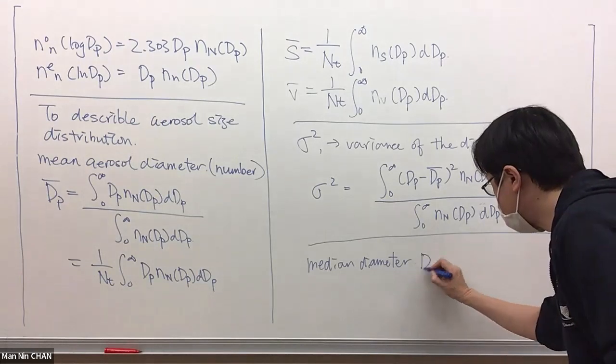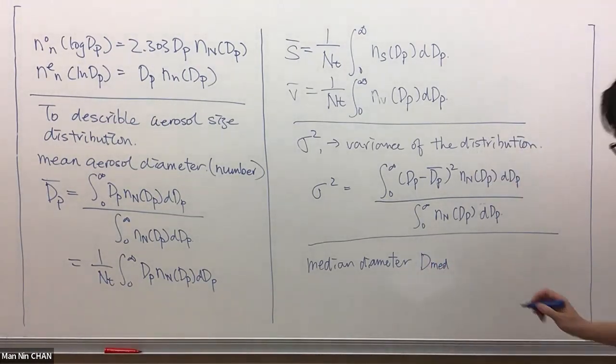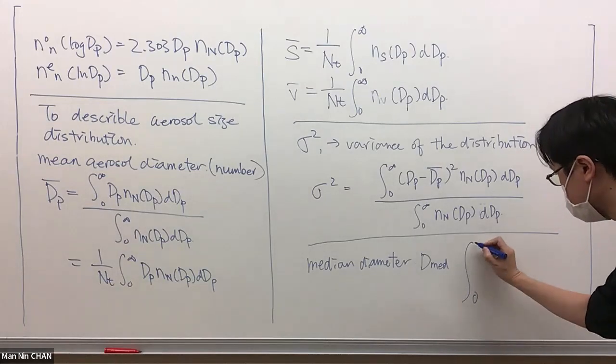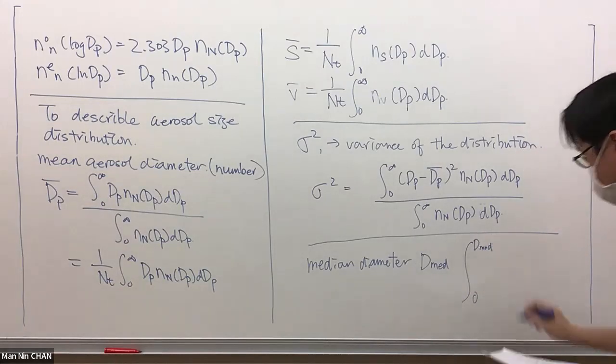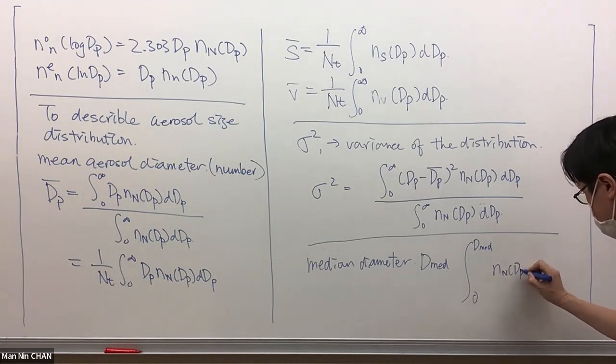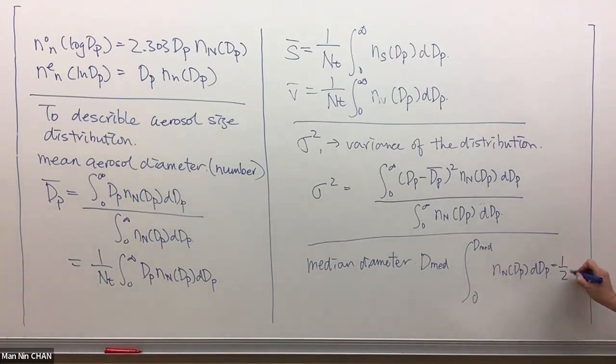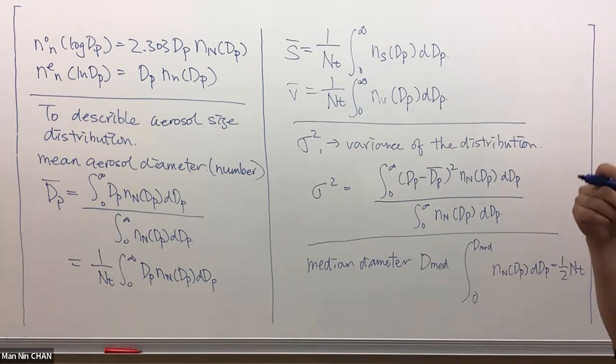So for the median, if you look at the accumulation, that would be equal to 1/2, because you are talking about half of your particles lying below or above.